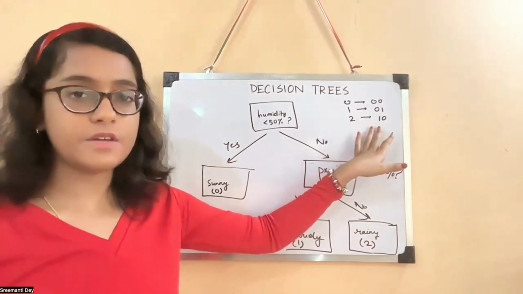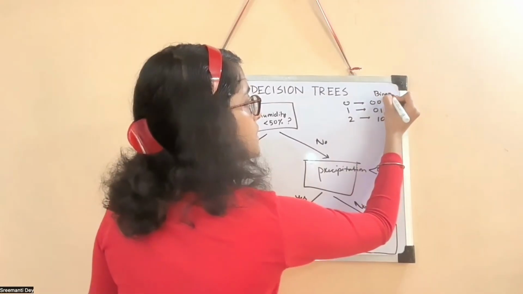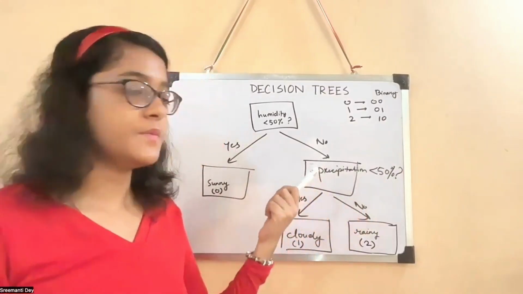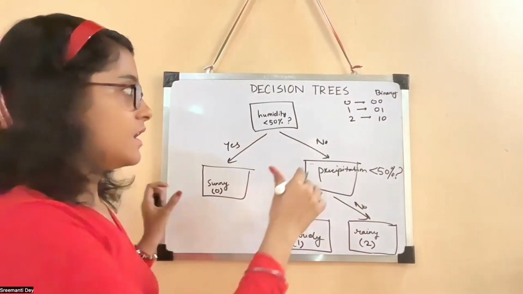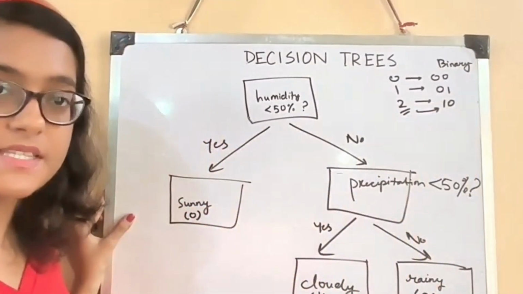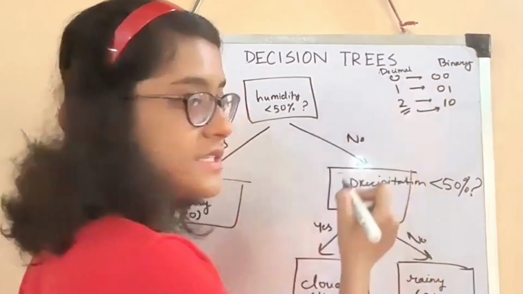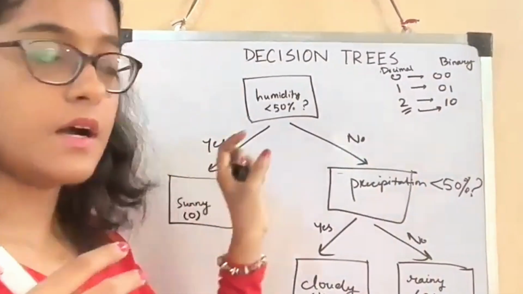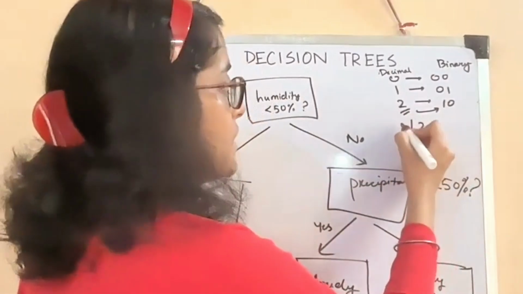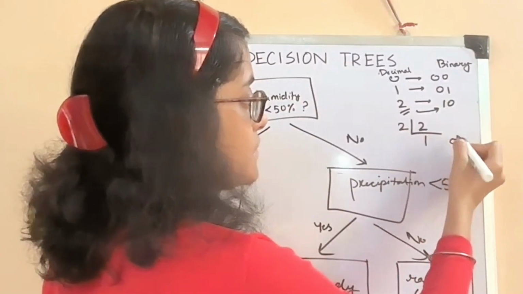Now, how did 2 get transformed into 10? This is the binary representation, very basic CS. I think you know this, but I'll go over it in brief. In binary, we have the base as 2. In decimal, we have the base as 10. When you want to transform decimal into binary, we divide 2 by 2 because of the base. The quotient is 1 and the remainder is 0.